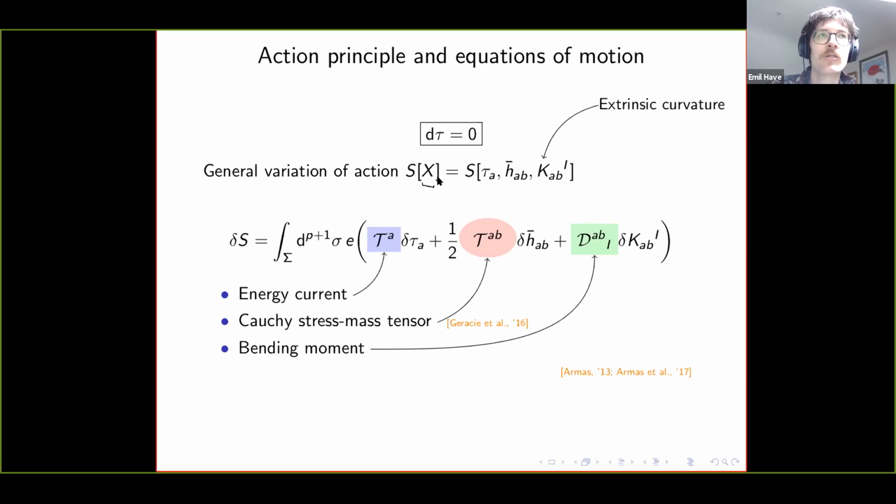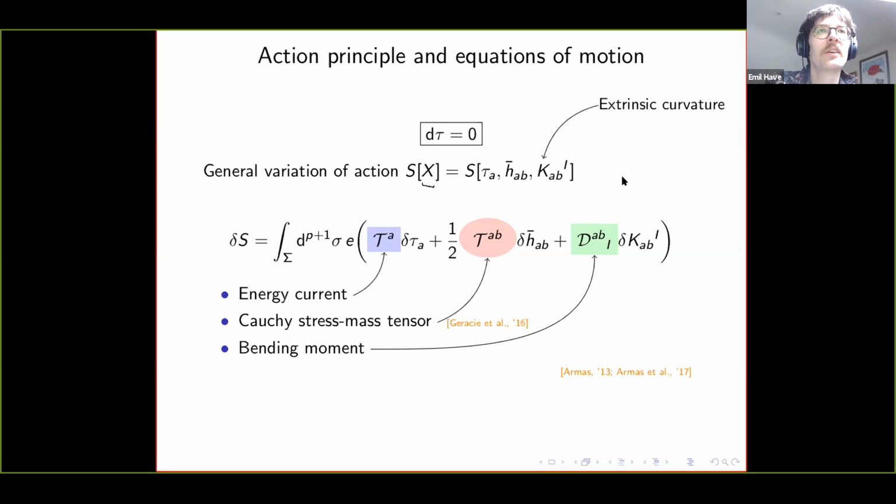Now, the way that the action functional depends on the embedding map goes via these fields here. Right, so this is a bona fide pullback, and so is this h bar actually, right? Because recall this was a boost invariant quantity. The last object that our action depends on is the extrinsic curvature, right?